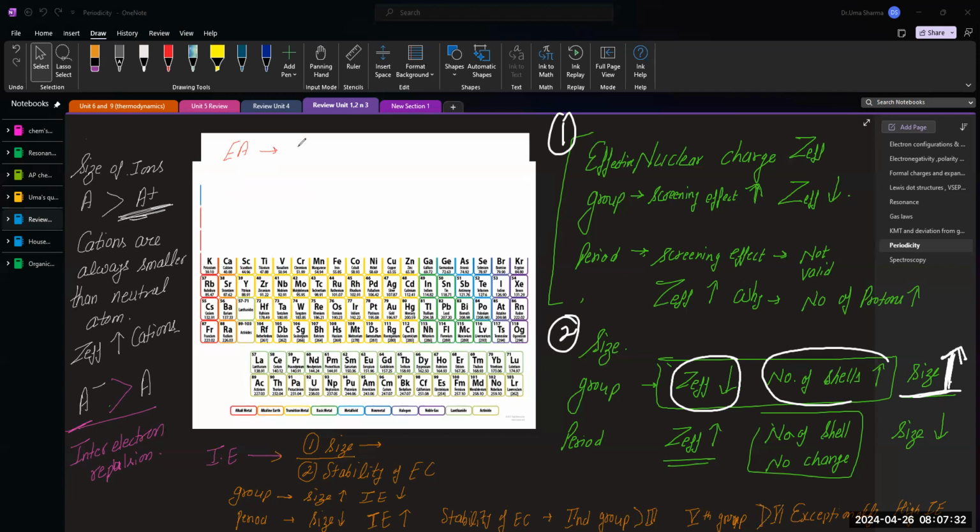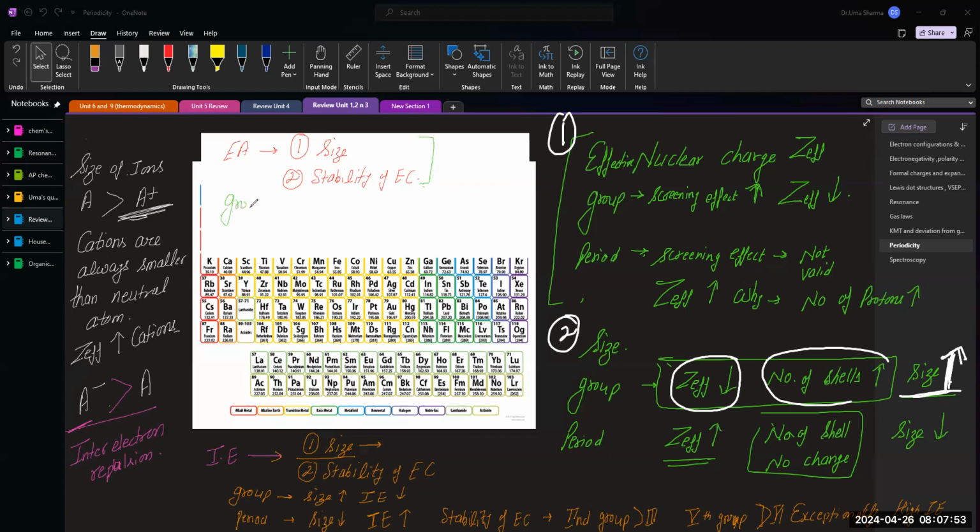One factor is size. The other factor is stability of electron configuration.